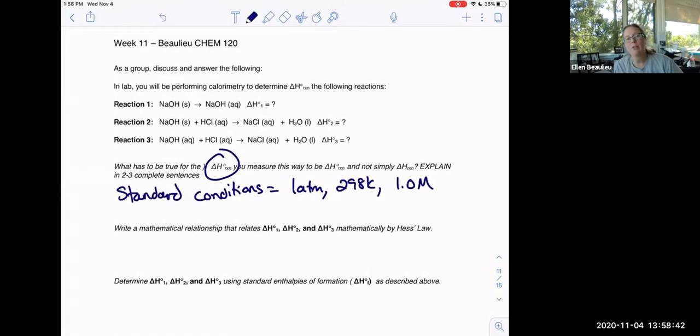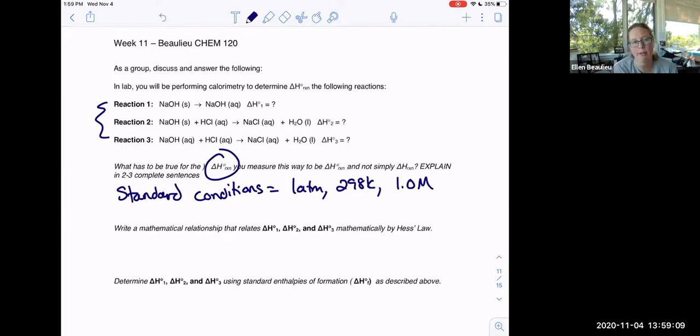How can I use these 3 possible steps? You're going to have to pick out which one you want to be the net reaction. How can I apply Hess's law with these 3 reactions? What are your thoughts? I want to build a mathematical relationship that relates delta H1, delta H2, and delta H3.